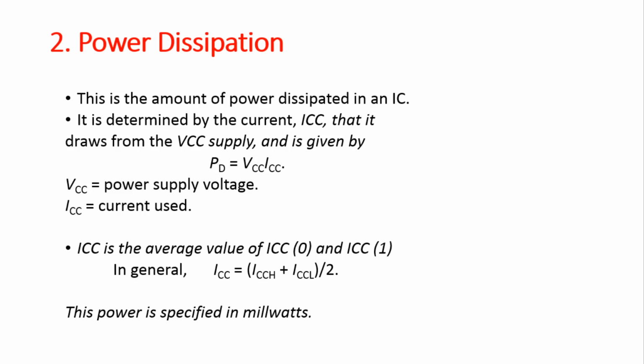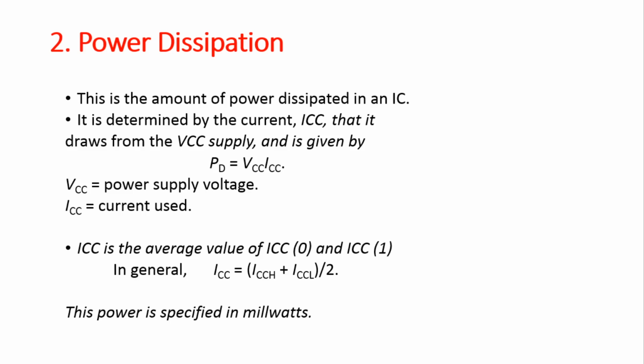Next is power dissipation. This is the amount of power dissipated in an IC. It is determined by the current ICC that is drawn from the VCC supply, and is given by PD is equal to VCC ICC. This is the equation to calculate the power dissipation, where VCC is the power supply voltage and ICC is the current used.